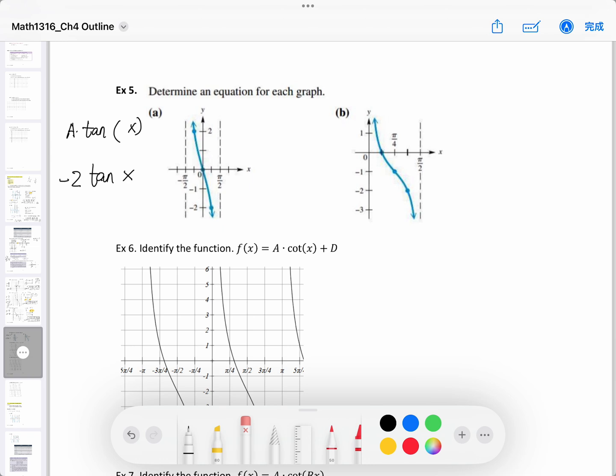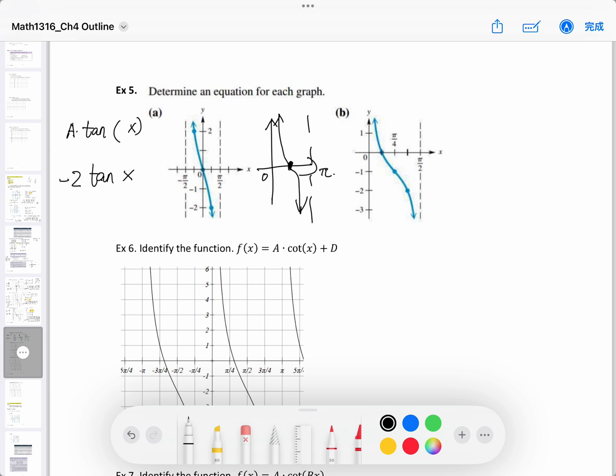And some of you say, I also feel this is cotangent, because the cotangent function is a decreasing function. So this function has another answer, and they are the same. This is the cotangent function from 0 to pi. I can tell my graph shifts to the left, so the center shifts to the left half pi unit.